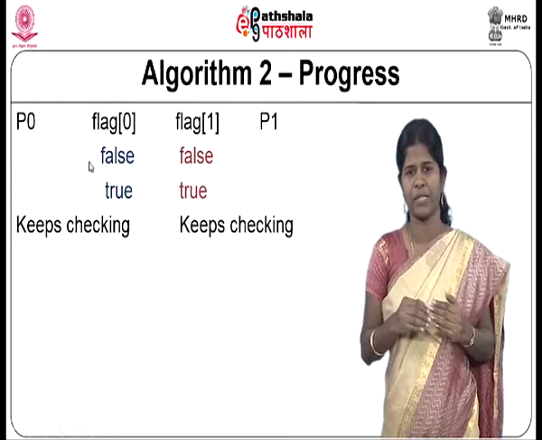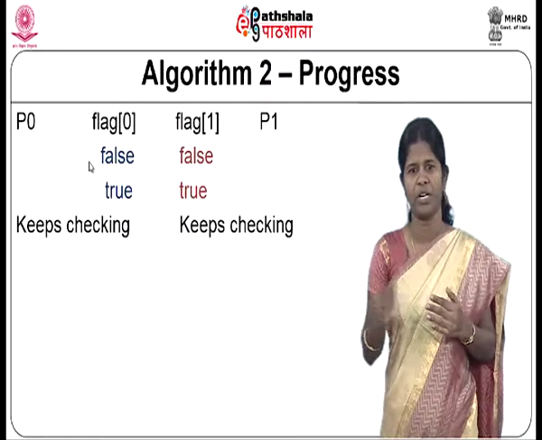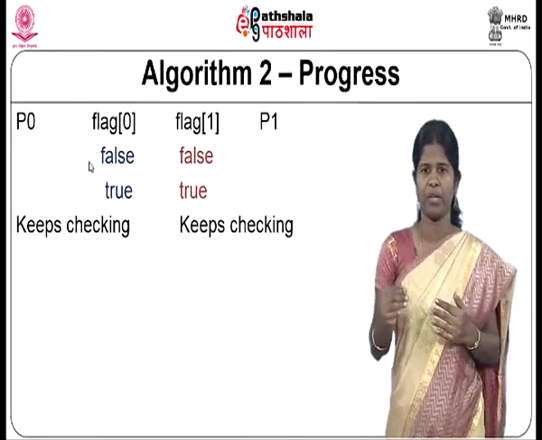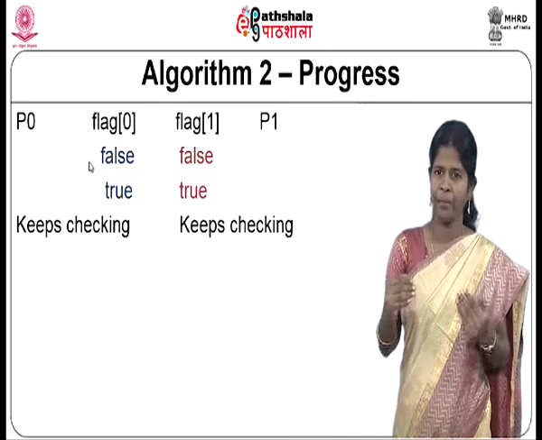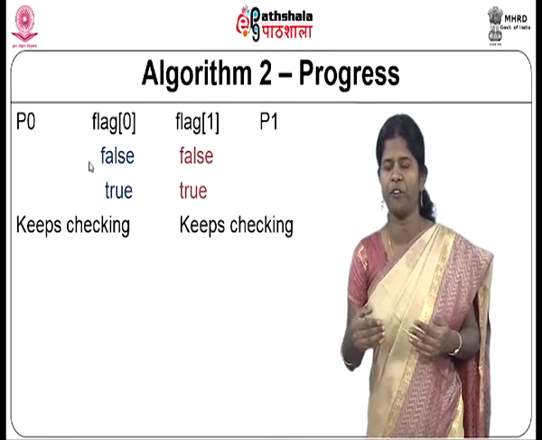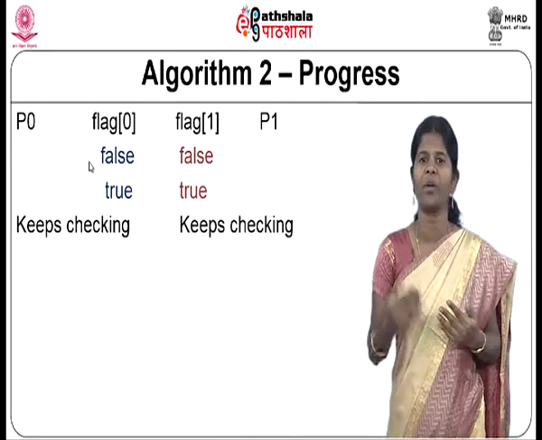Say P1 tries to check while flag of 0, it will find flag of 0 to be true and it will keep on waiting in its while loop. Because it is waiting, say the CPU is given to P0 and P0 will also keep on checking flag of 1, it will find flag of 1 to be true and P0 will also keep on going in the while loop.